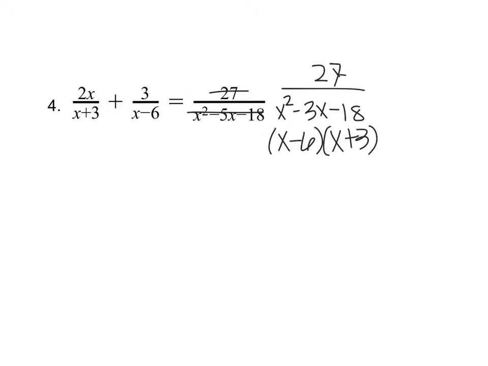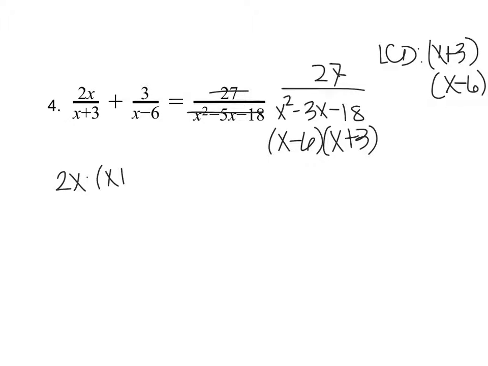So our LCD is going to be x plus 3 times x minus 6. So now we multiply our numerators by our LCD.